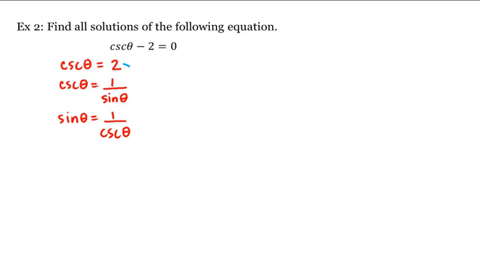So if cosecant of theta is equal to 2, that means we're looking for angles theta where sine of theta is equal to 1 divided by 2.